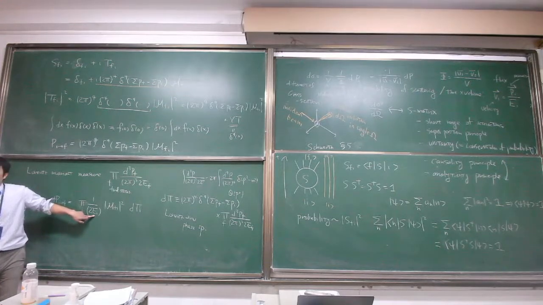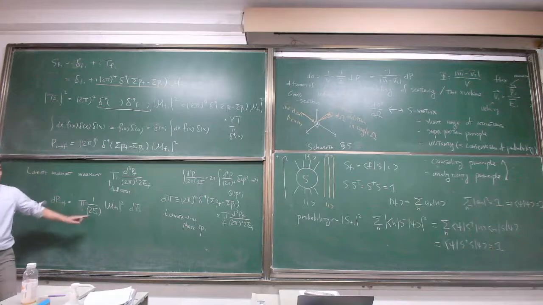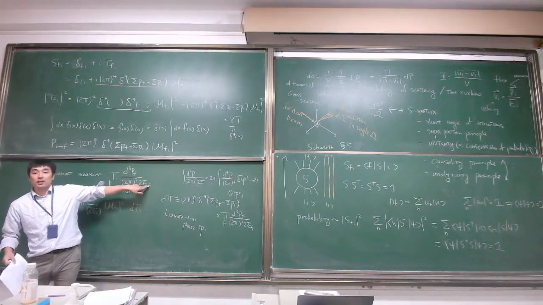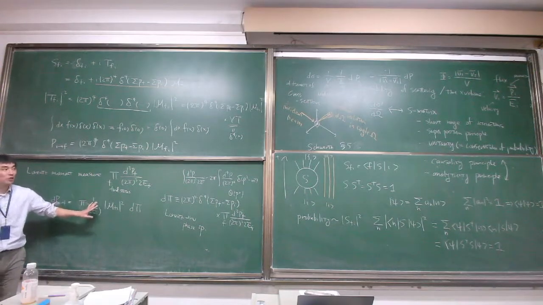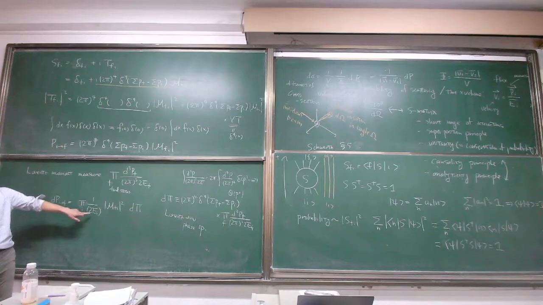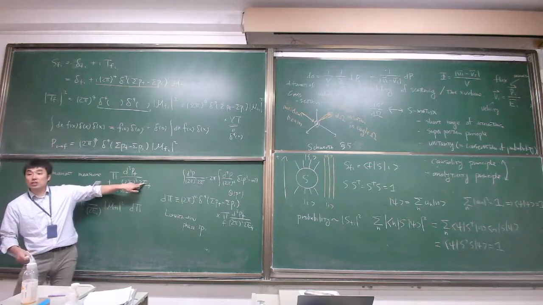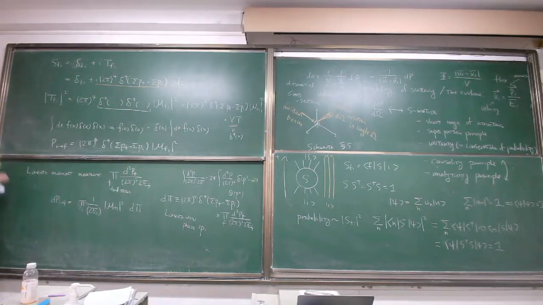The factor 2E_i is kind of ad hoc here. This 2E_i has the same origin as 2E_f. This is essentially written in Schwartz's book.